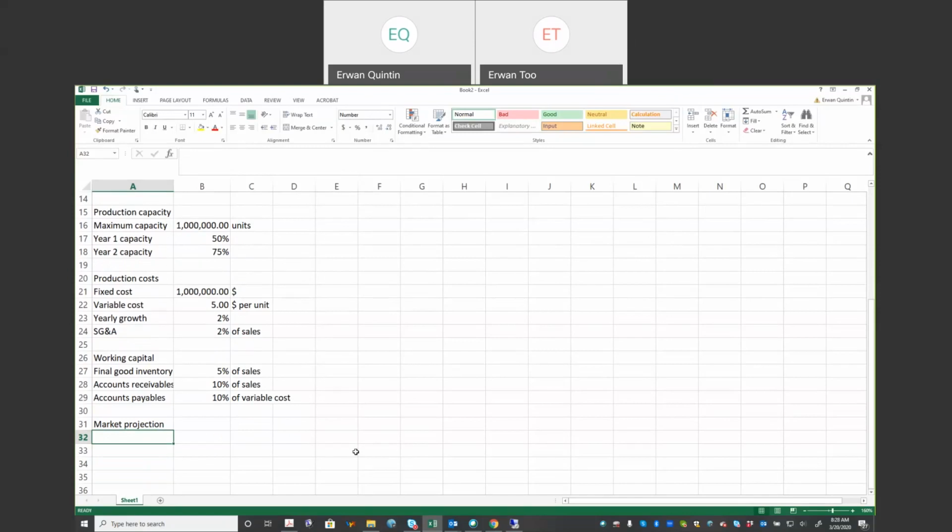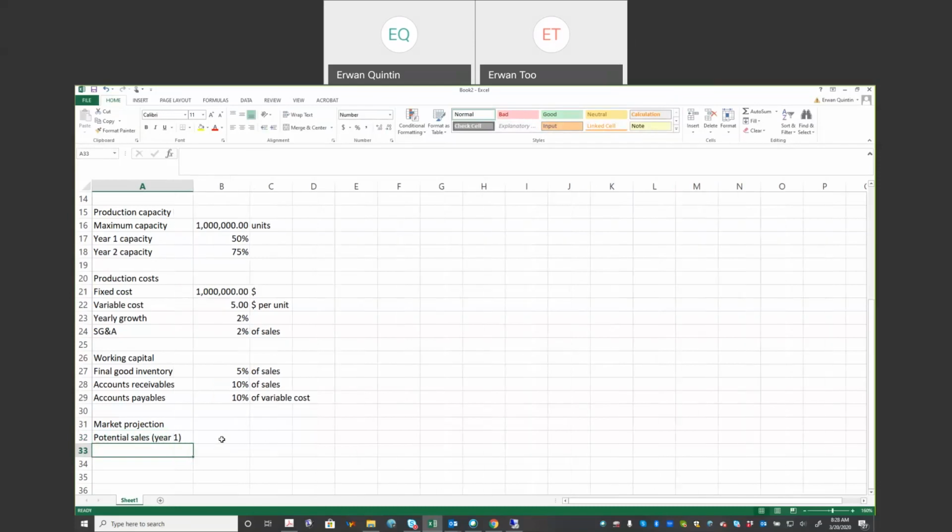In other words, assuming that production is not an issue, assuming I can produce as much as I want, what is the market going to be able to absorb? This is what we call potential sales. In year one, by assumption, according to the case, my potential sales are going to be 850,000 units.